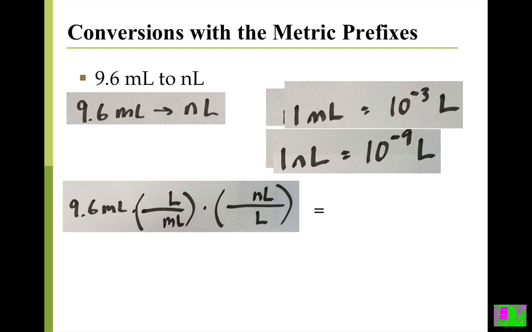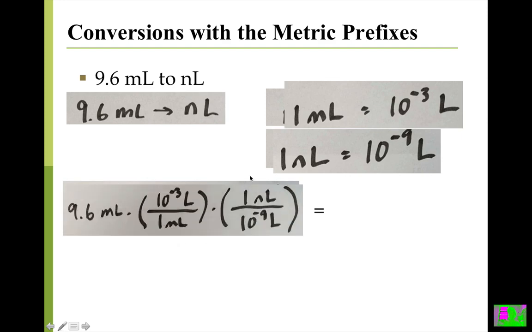Now I'm going to use both equalities as conversion factors, and I'll have two sets of parentheses here, so two conversion factors. My starting value is here, 9.6 milliliters, and my first conversion factor converts between milliliters and liters, and that will cancel out the milliliters. My second conversion factor converts between liters and nanoliters, so then that will cancel out the liters.